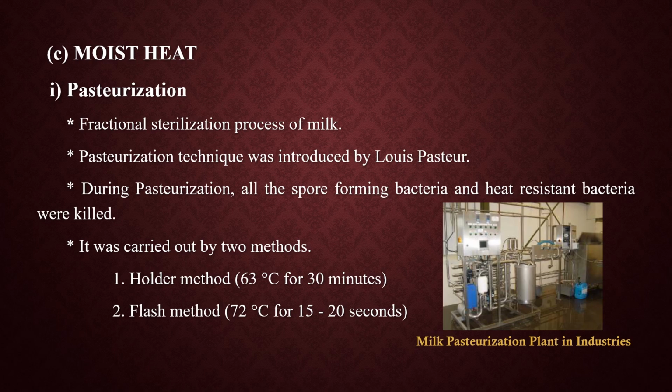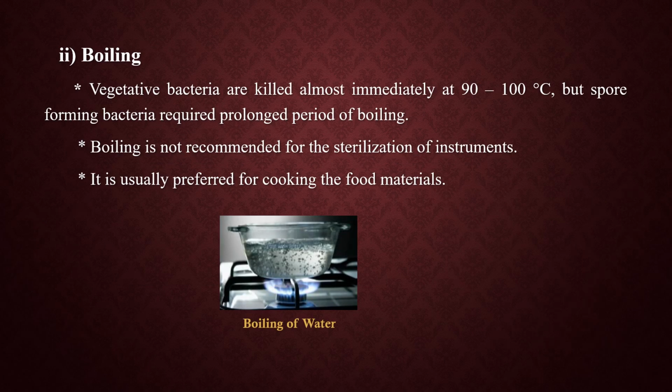Pasteurization is carried out by two methods: flash method and the older method. The temperature required for older method is 63 degrees Celsius for 30 minutes, and the flash method is 72 degrees Celsius for 15 to 20 seconds. This is the milk pasteurization plant in industry. The second one is boiling.